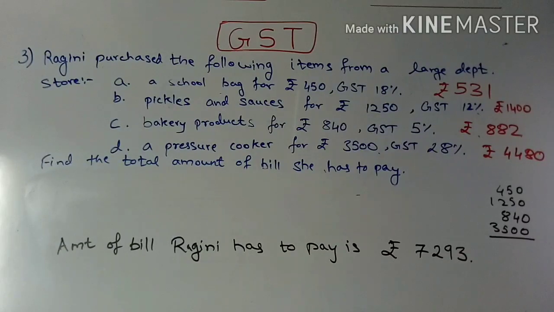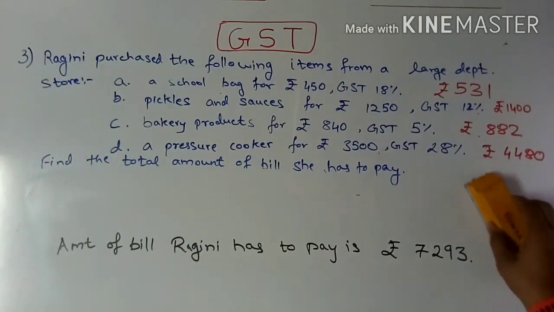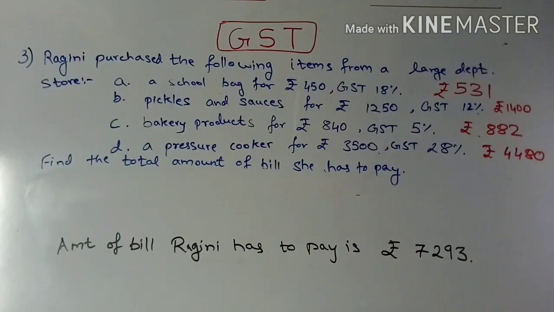So it gives me 6040. So without the tax, the bill would have been 6040. So how much amount of tax she has paid to the government?